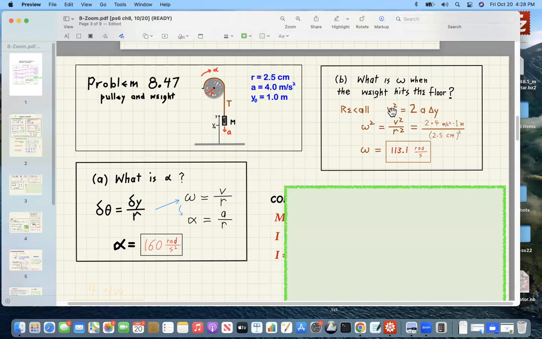Now, v starts at 0, so delta v squared is the same as v squared, which is 2a delta y. Omega is v over r, so omega squared is v squared over r squared. So I have 2a delta y over r squared.